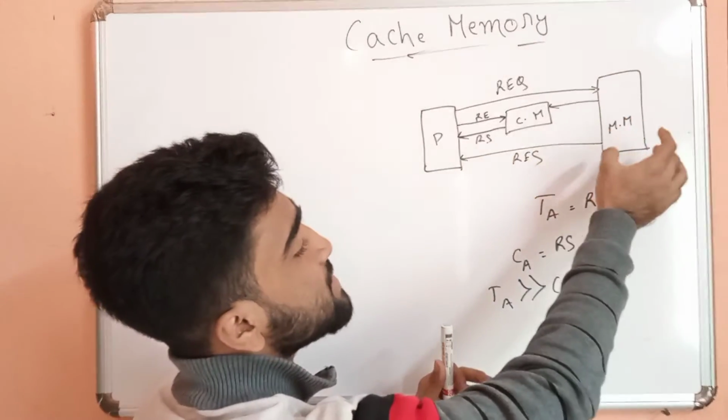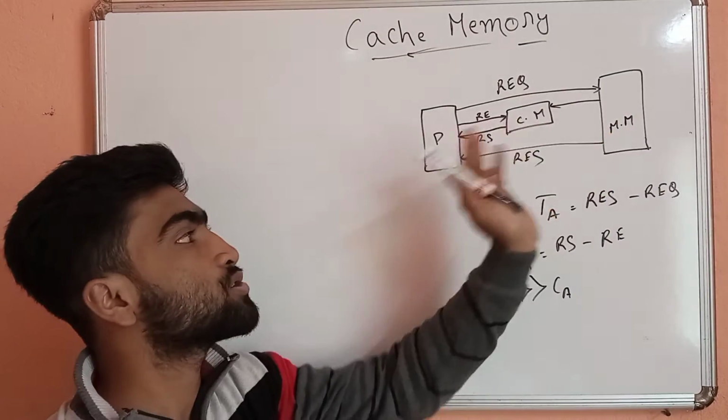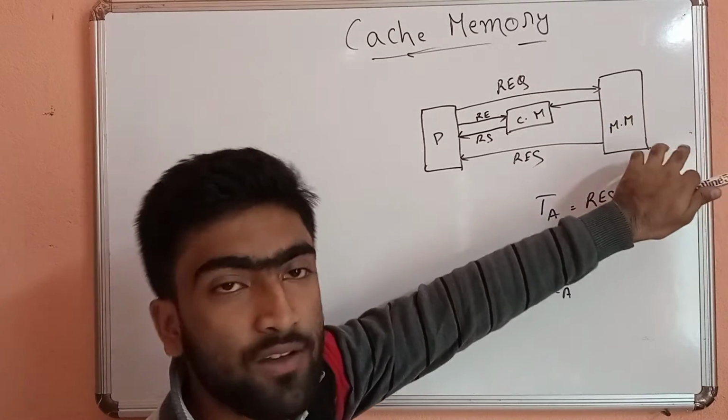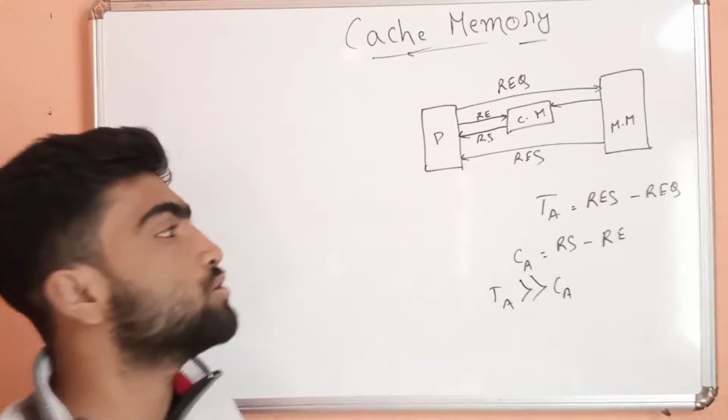So we localize the content from main memory to cache memory. Bringing a copy of data from main memory to cache memory is called locality of reference, right?